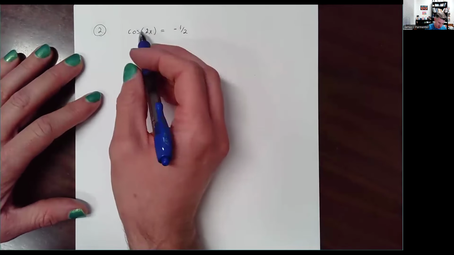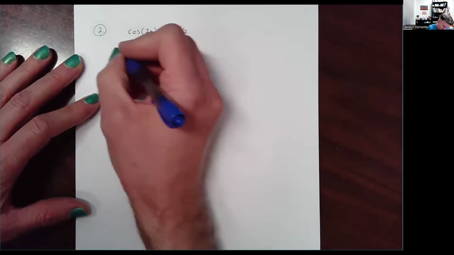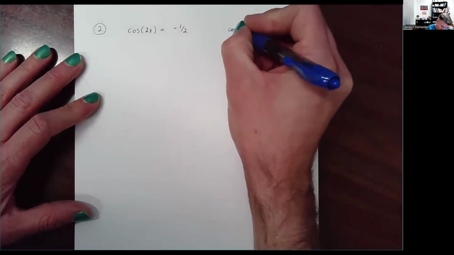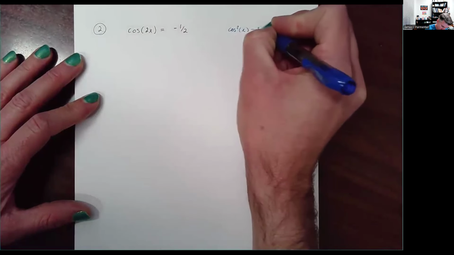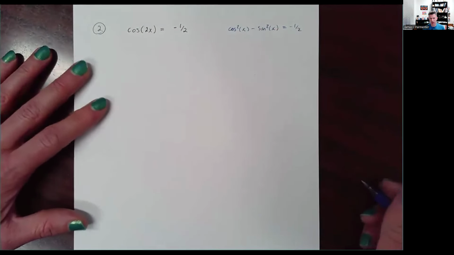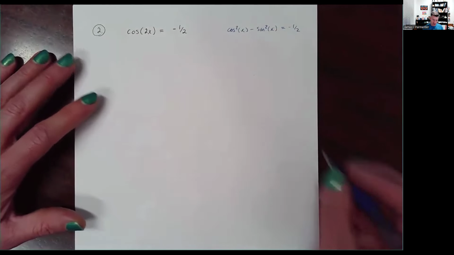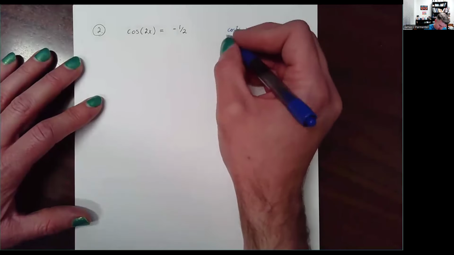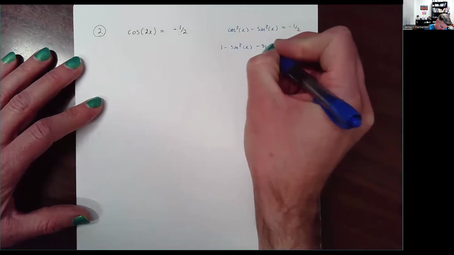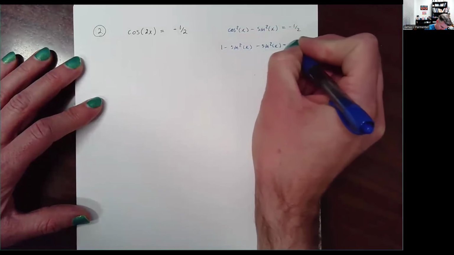Like cosine of 2x would be cosine squared x minus sine squared x. So here's the way we don't want to do this, really. Cosine squared x minus sine squared x equal to -1/2. And then you could use the trig identity for either one of these and say it's going to be 1 minus sine squared x minus sine squared x equal to -1/2.